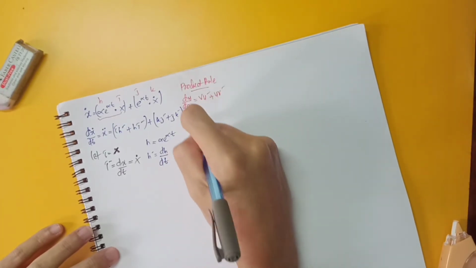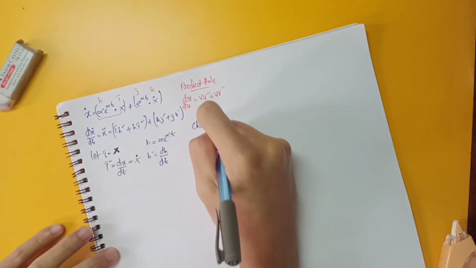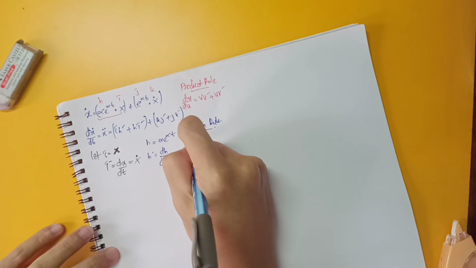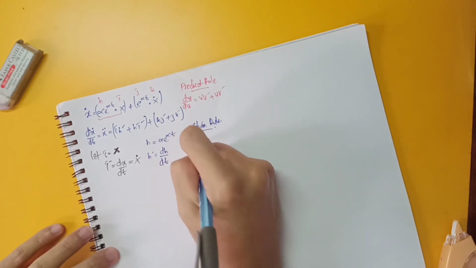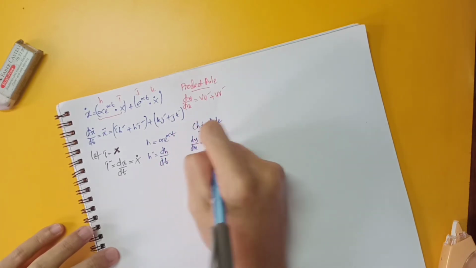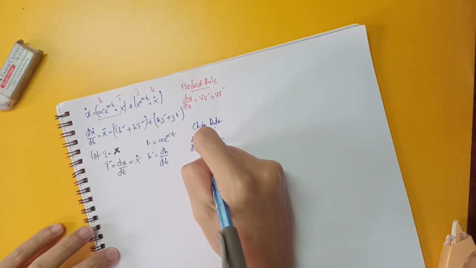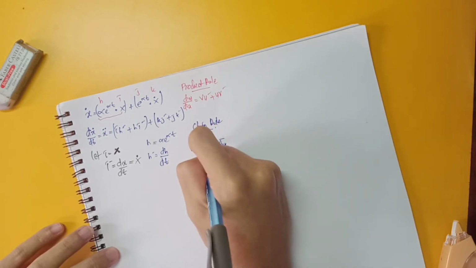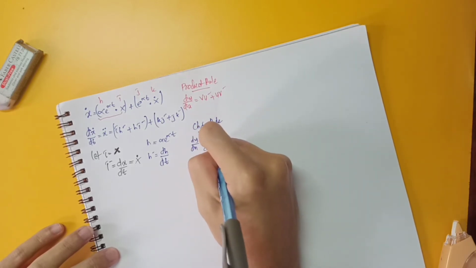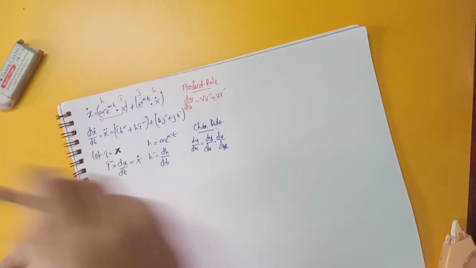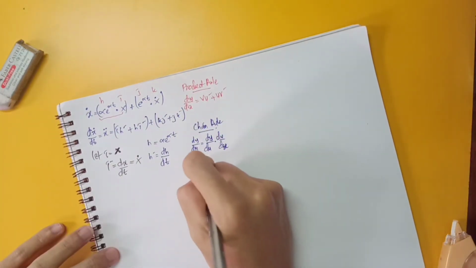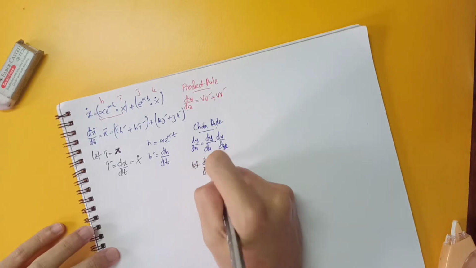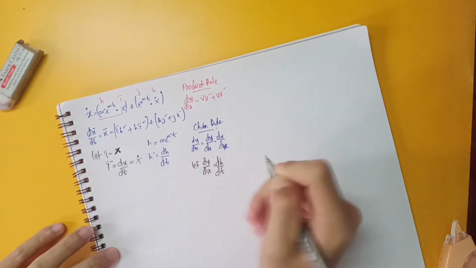So let's look at the chain rule. The chain rule is dy over dx equal to dy over du times du over dx. Okay, now let dy over dx equal dh over dt, right?